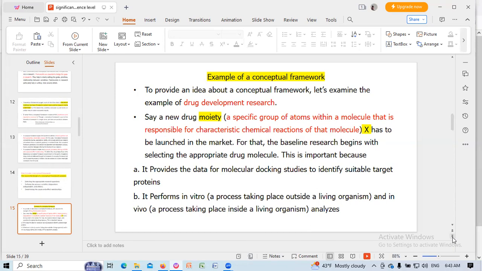It performs in vitro analysis, a process taking place outside a living organism, and in vivo analysis, a process taking place inside the living organism.